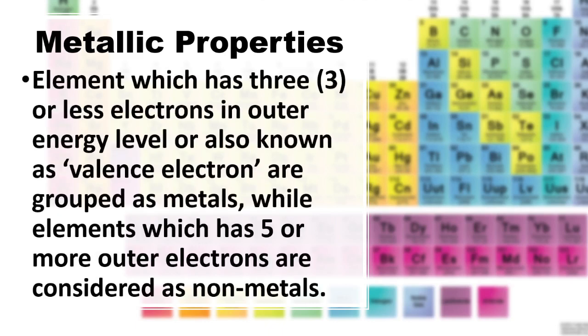Elements which have 3 or less electrons in the outer energy level, also known as valence electrons, are grouped as metals, while elements which have 5 or more outer electrons are considered as non-metals.